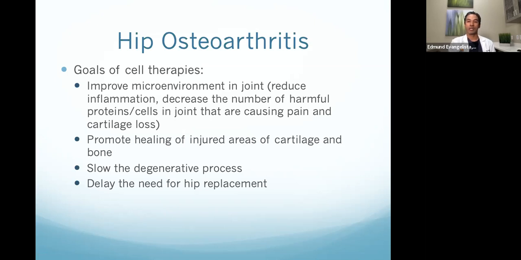So in an arthritic joint, you have cells and mediators that are causing pain and inflammation and eating up that joint cartilage. So by injecting these cell therapies, we're trying to improve that microenvironment by reducing inflammation, decreasing the number of harmful cells and proteins that are causing pain and eating up that joint cartilage. We're trying to promote healing of injured areas of the cartilage and bone. We're trying to slow that degenerative process and basically delay the need for a hip replacement.